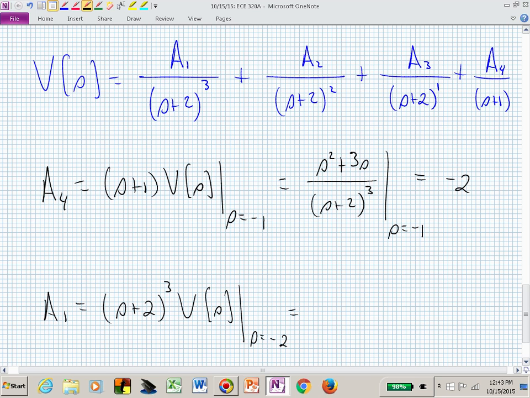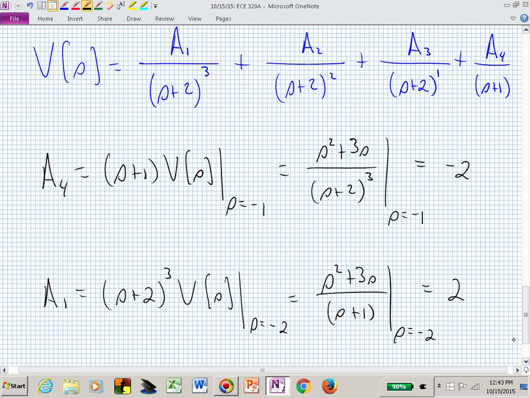And that now simplifies to s squared plus 3s over s plus 1, evaluated at s equal to minus 2, and that one actually ends up being 2. So 2's are wild. And it's not 4 and 1 now, is it? Good. We've broken away from that pattern.